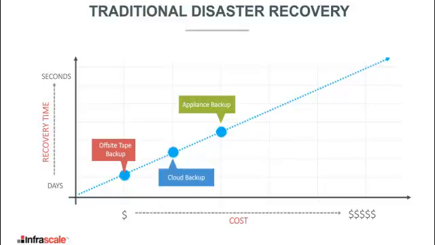Then, for those that can afford it, so the large enterprises of the world, you start getting into people that really set up second data centers or second sites, right? Basically, if I have one computer center, I'm going to build a second one, just in case. That way, if my first one goes down, I can flip over to my second one. That second one might be a cold site, so it's not actually processing any data.